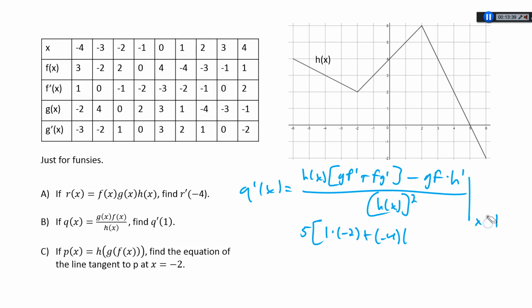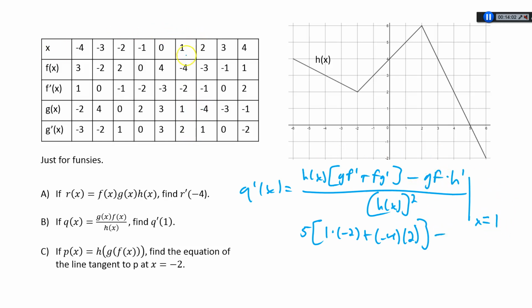Did I do -1 for some of those? I got to check my work in just a sec. H of 1 is 5, good. G of 1 is indeed 1, and f prime of 1 is indeed -2, and then f of 1 is -4. We're good. Okay, g prime of 1 is 2. Okay, that part's done.